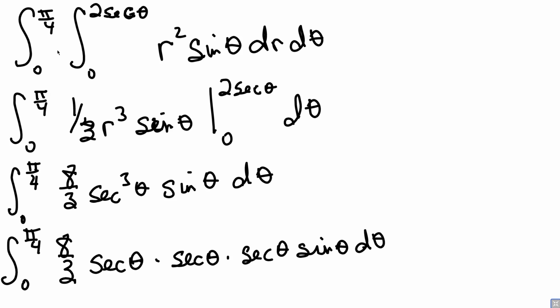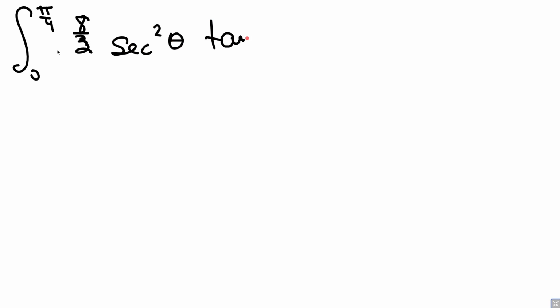For this piece right here, secant theta times sine theta, what is that equal to? Yes, that's going to be tangent of theta. So we have the integral from 0 to pi over 4 of 8/3, and with the 2 secants, secant squared theta times tangent of theta, d theta.